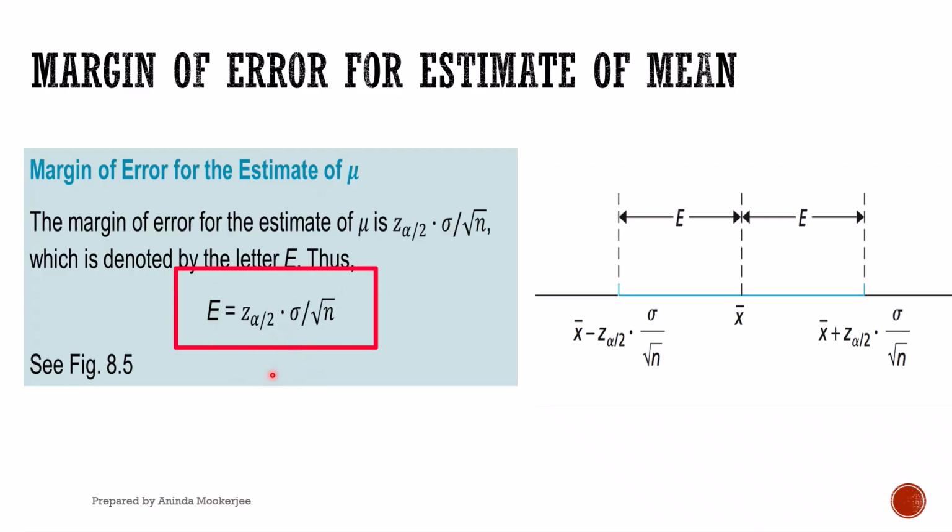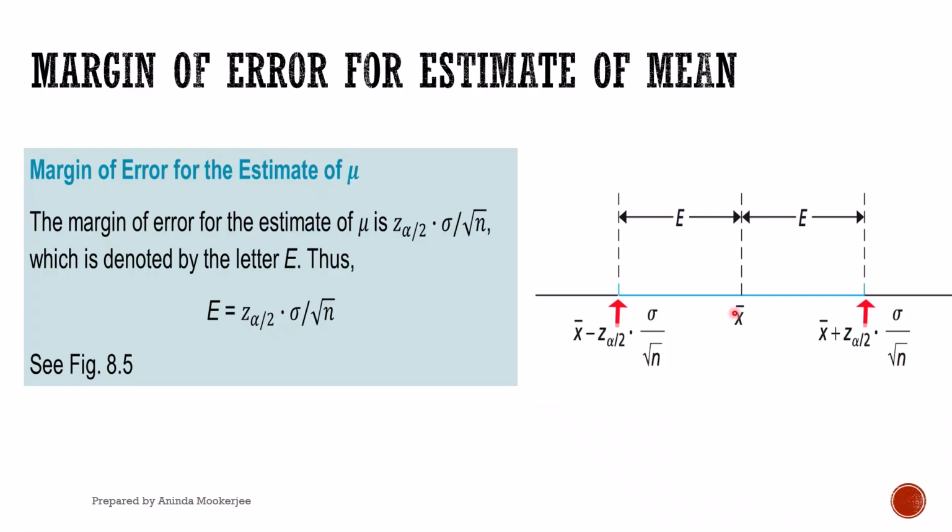But for this study, it is this formula, and then we subtract that quantity from our point estimate to find the lower end of the interval, and we add to find the upper end of the interval. And that's what the margin of error is.